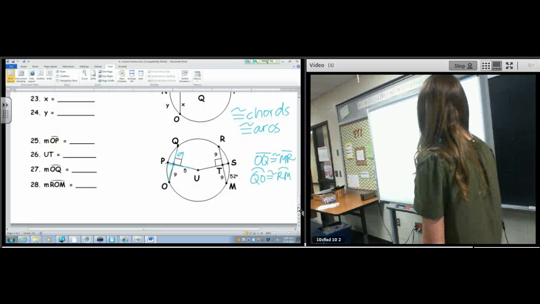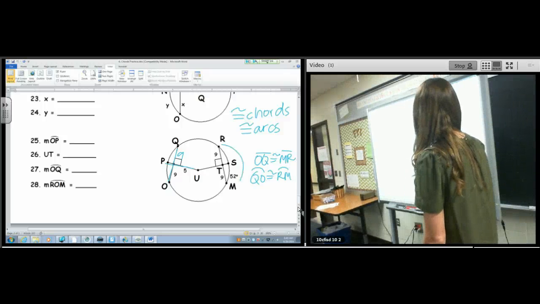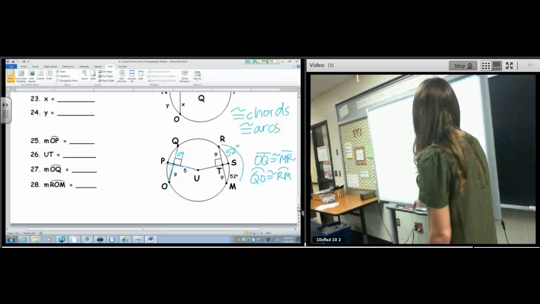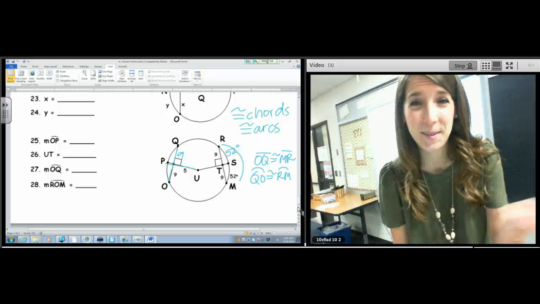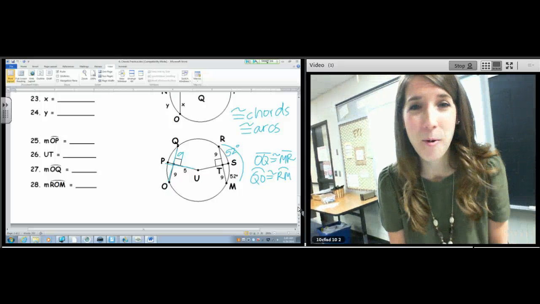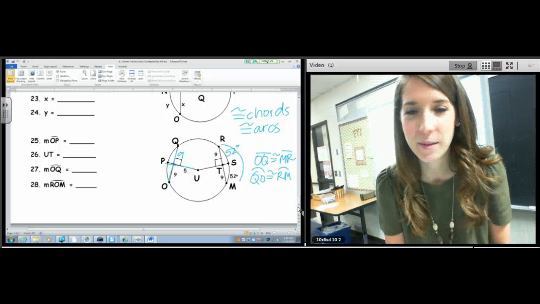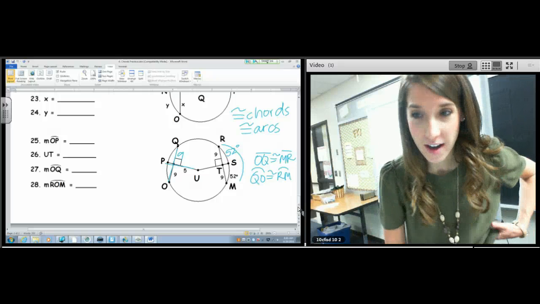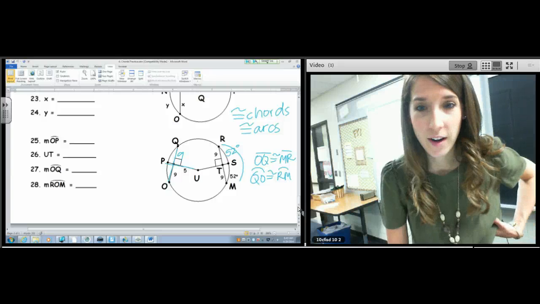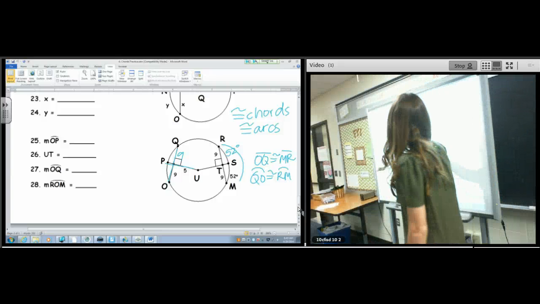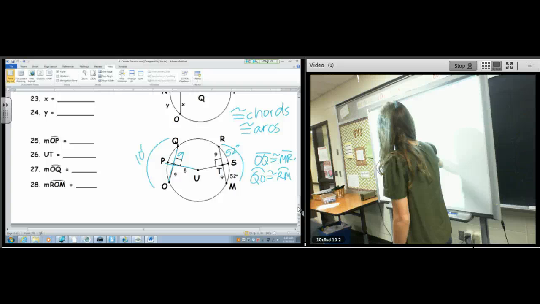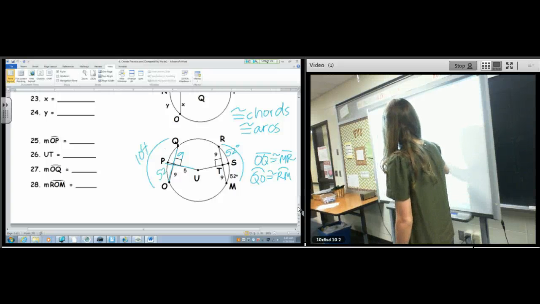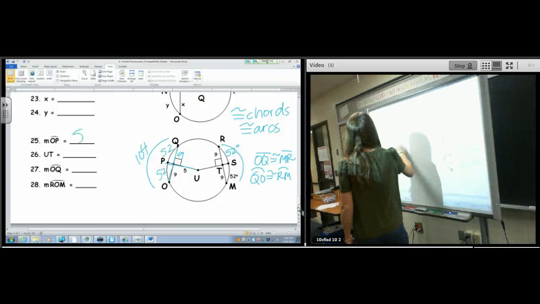How much is arc RM? Well, that arc got cut in half because the radius is perpendicular to the chord. We're using all of our theorems. So we've got 104 for arc RM. Therefore, arc OQ is also 104, but it gets cut in half, so 52.